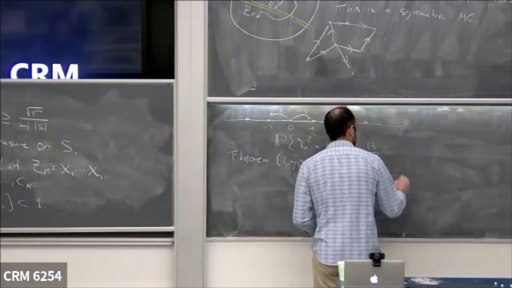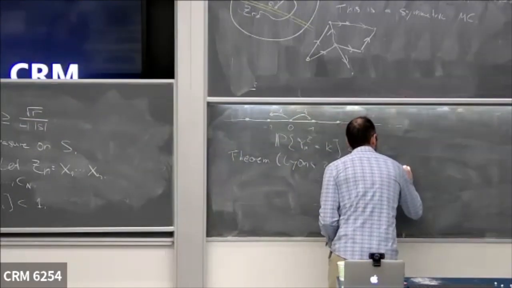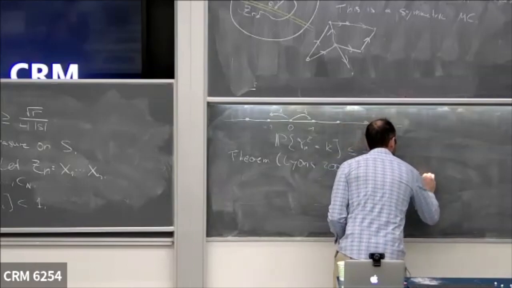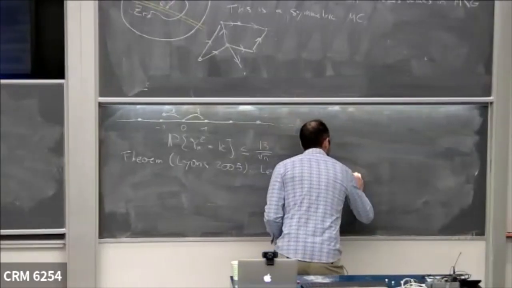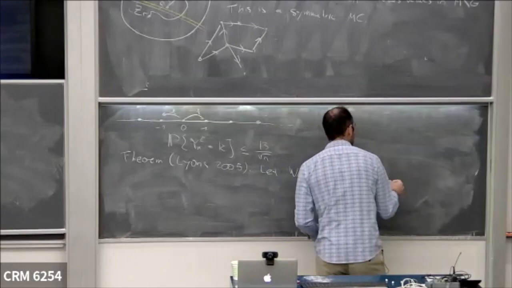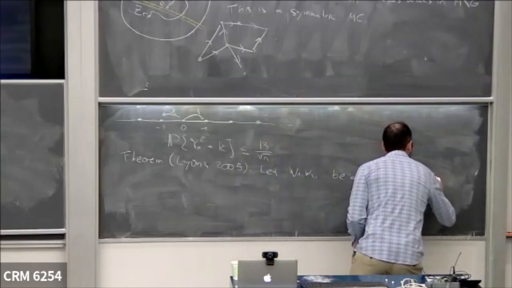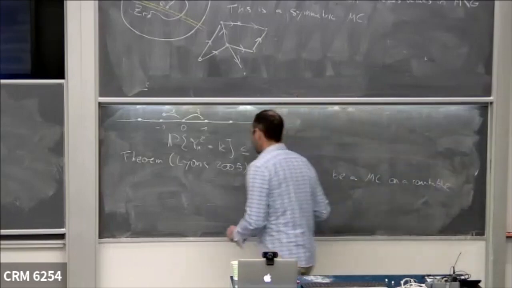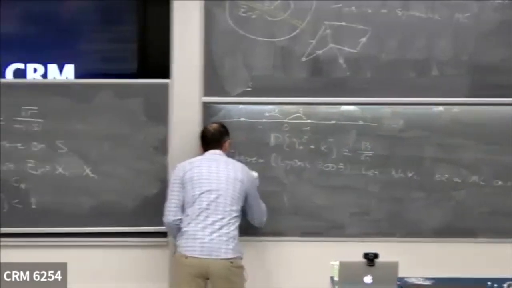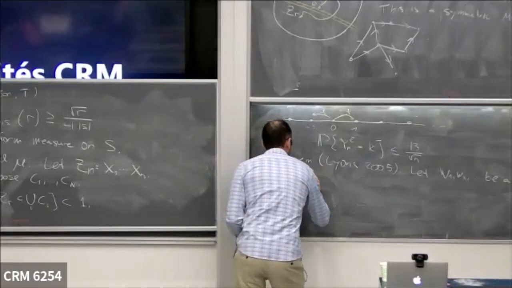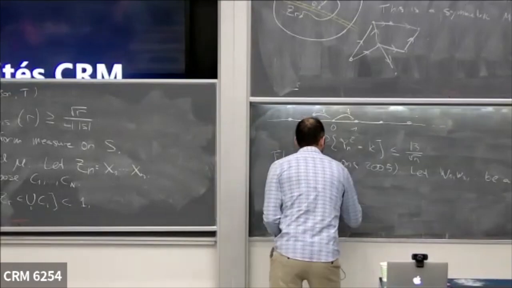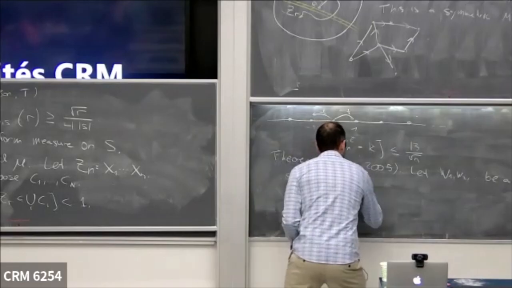Let W1, W2, and so on be a Markov chain on a countable set, call it a set omega, with symmetric transition probabilities.